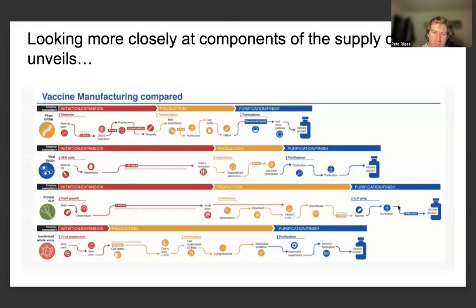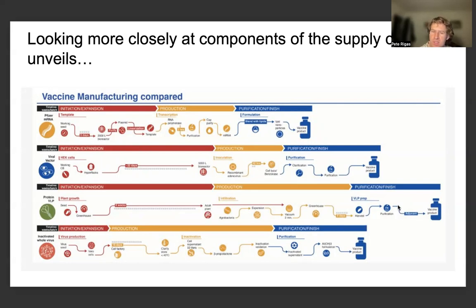And looking more closely at different components of the supply chain unveils that there are usually a lot of stages involved with working with some type of cells, whether they make use of a template, or they make use of HEK cells or plant growth, or actually producing the virus.